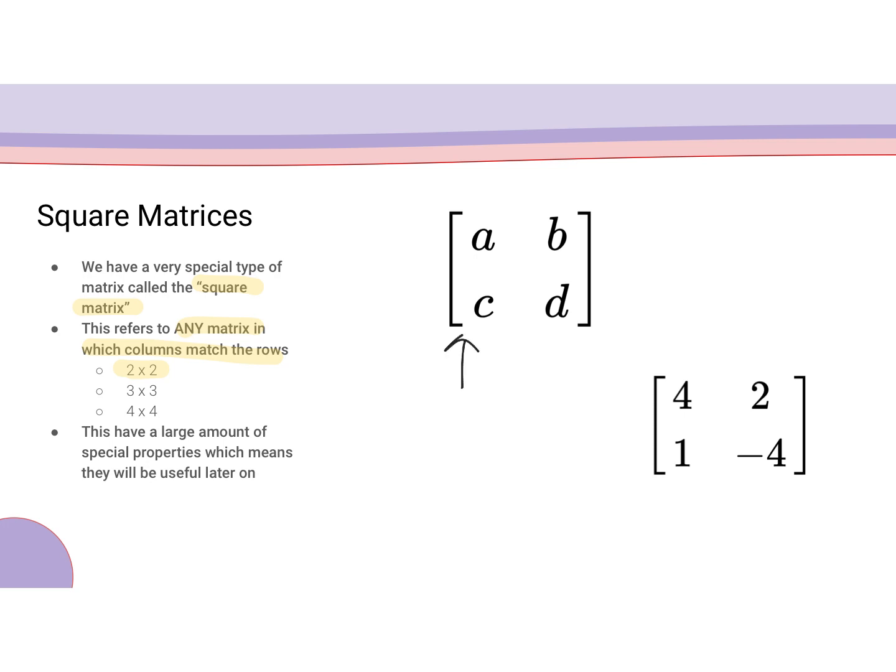So this, since it has 2 rows and 2 columns, is a 2 by 2 square matrix. Like I said, for right now, this really doesn't have much more meaning other than the rows and the columns are the same, but it actually has a lot of unique properties later on. And same thing here is another 2 by 2 matrix.